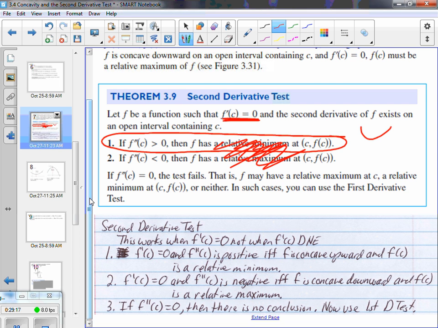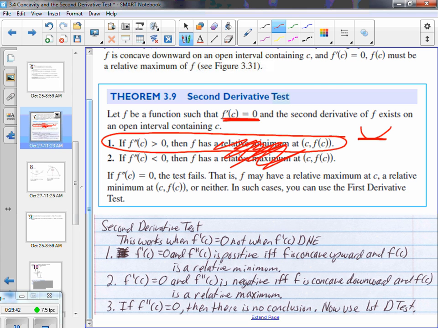Now, if we knew there was a critical number where the derivative equaled 0, derivative equals 0 means horizontal tangent line, doesn't it? So if the second derivative is positive where the first derivative equals 0, that means we have a relative minimum.